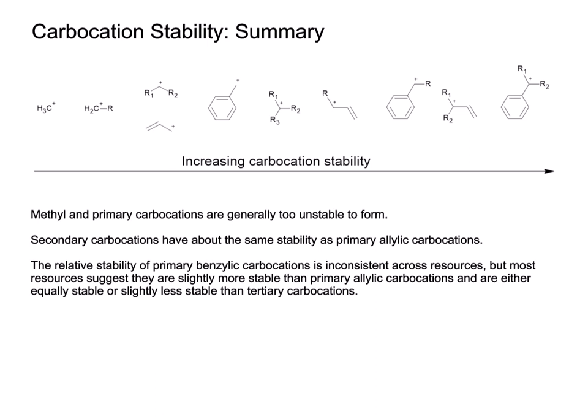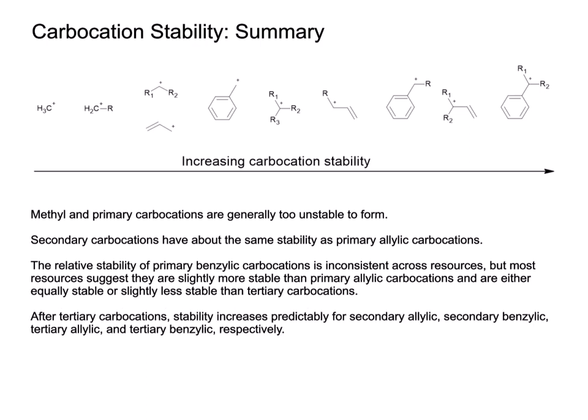When it comes to primary benzylic carbocations, I've seen some inconsistency across resources, but most of them suggest that they are slightly more stable than primary allylic carbocations and are either equally stable or slightly less stable than tertiary carbocations. After tertiary carbocations, stability increases predictably for secondary allylic, secondary benzylic, tertiary allylic, and tertiary benzylic, respectively.